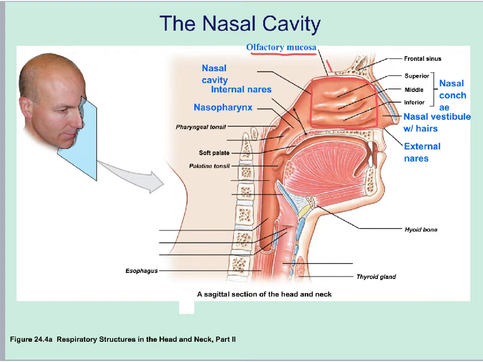And that's going to be largely concentrated right there at the roof of the nasal cavity. And that's where we're going to find the receptors for the sense of smell.